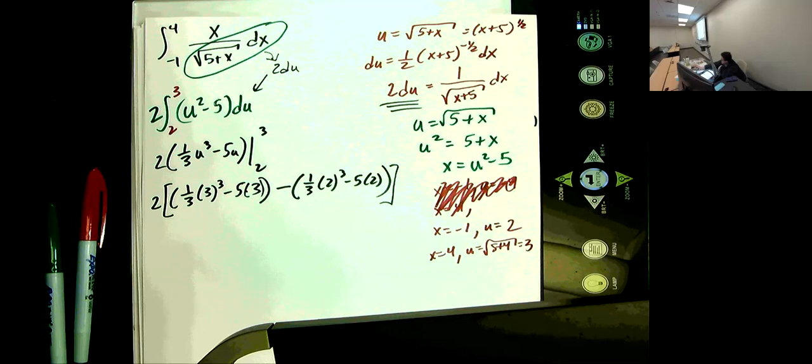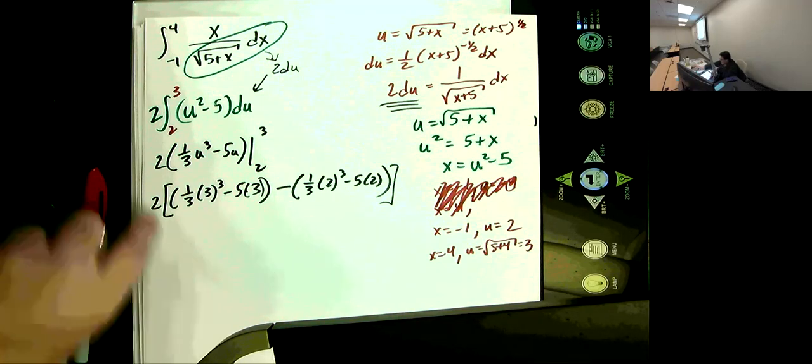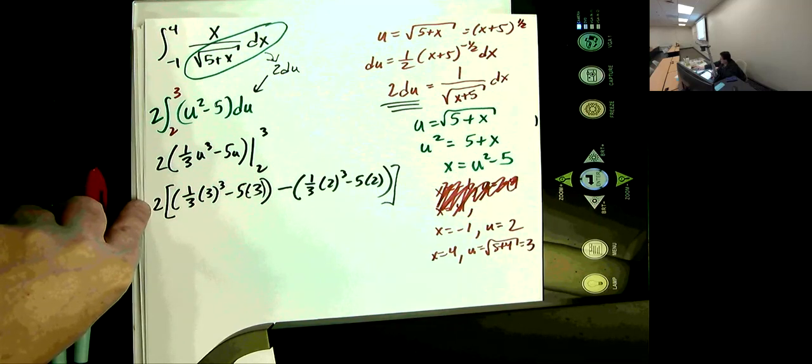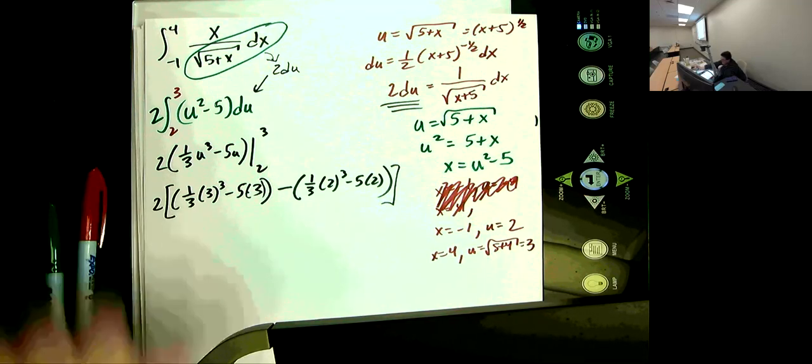This step is actually the step where a lot of students make the most mistakes. You're like, I'm at the end, and you don't take your time to write it all down patiently and do the order of operations. There's a lot of order of operations going on right here.